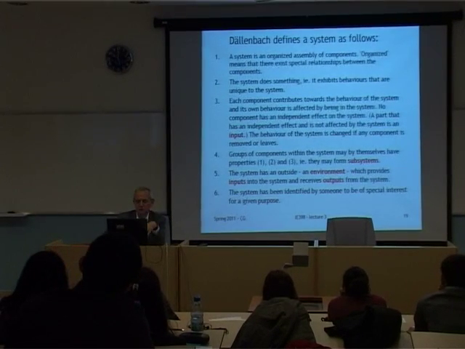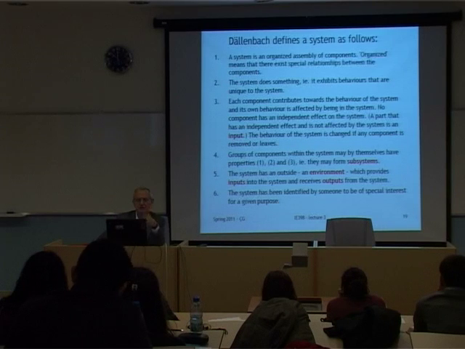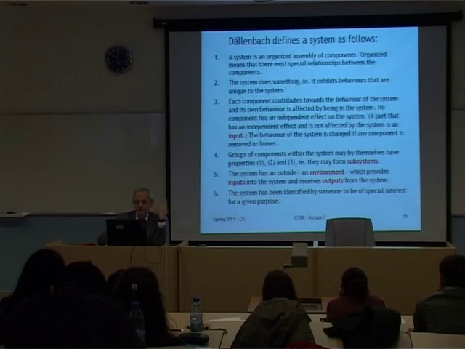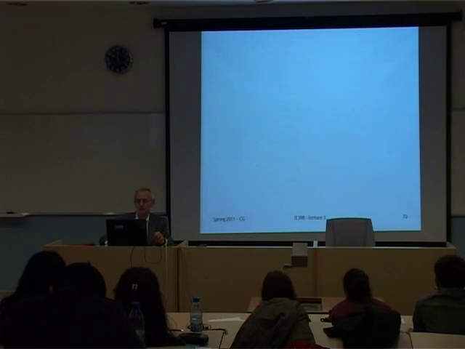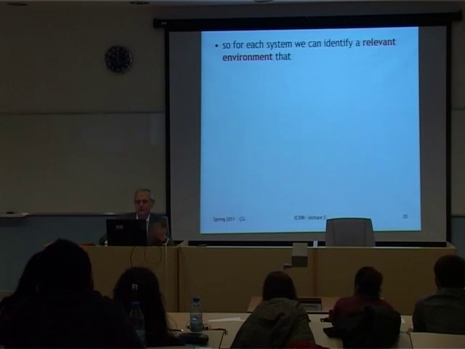I don't think we have to spend much time on this. You can just read these. The underlined components of the system are important. There are inputs and outputs. There's an environment. These are concepts we are familiar with anyway. So I think we can pass over this slide and make comments about some of these components.